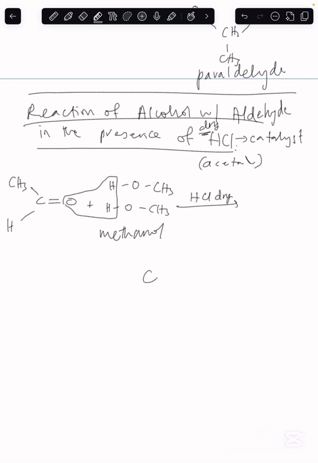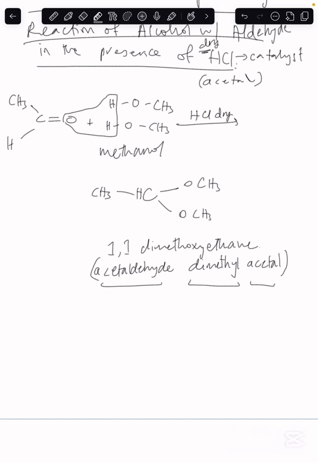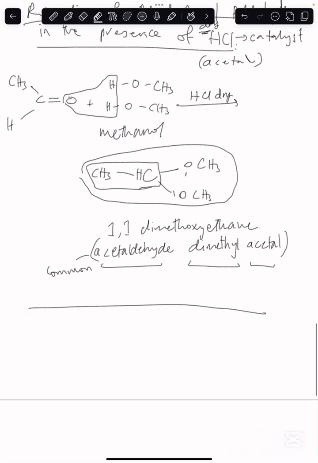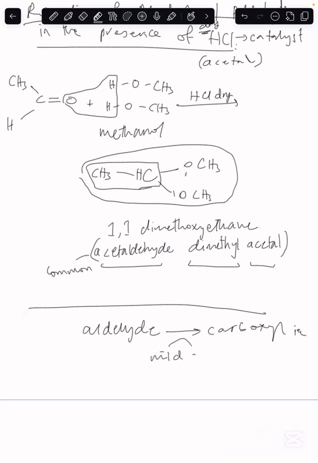What we'll have is, so I've written it out, this. It's 1,1-dimethoxyethane, and it is also commonly known as acetaldehyde dimethyl acetal. So the aldehyde group may be converted into a carboxylic group if it is reacted with mild oxidizing agents.